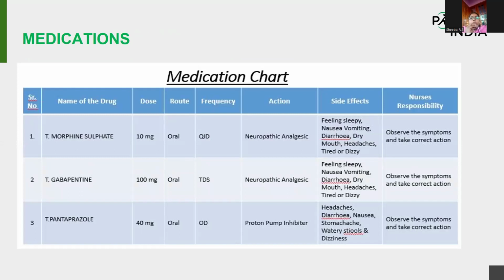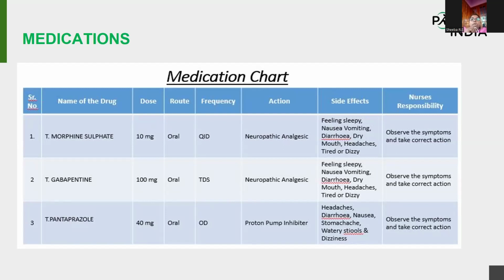The most common side effect of morphine is constipation, but this patient is not having any stimulant laxatives. So these patients will definitely develop constipation. You should add stimulant laxatives. So that is one of the important points you have to notice here.